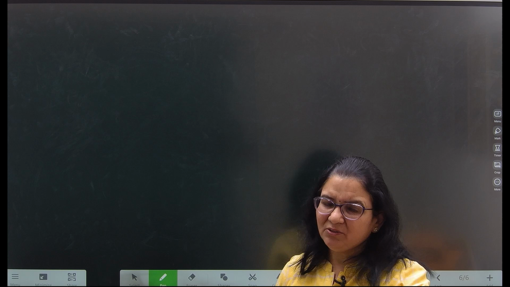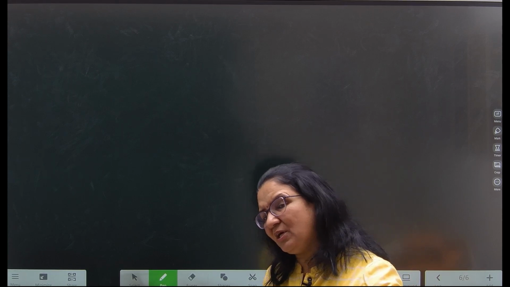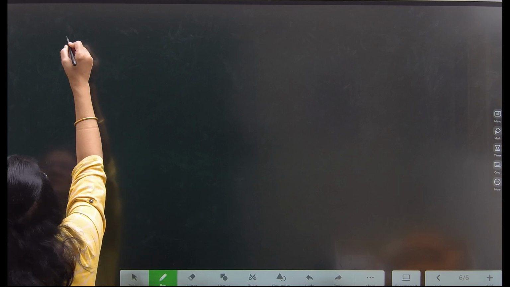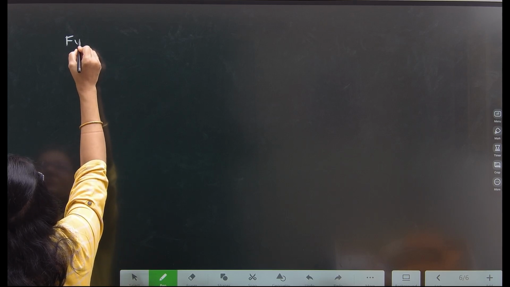In half wave rectifier only the positive half cycle is used, and the negative half cycle is a waste of energy. So that energy is getting wasted and therefore efficiency is very low. Therefore, full wave rectifier is invented. Full wave rectifier.